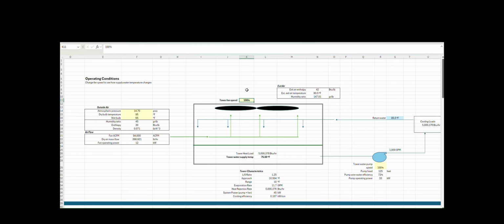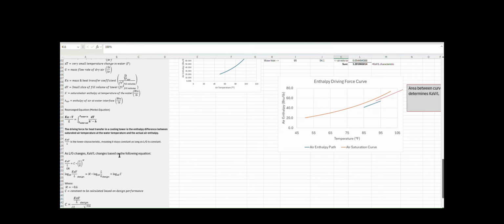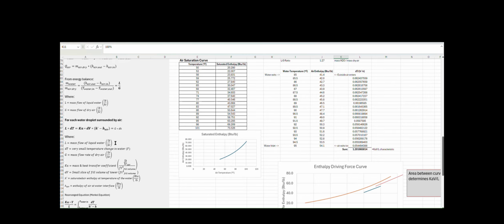I guess before we just change it and see the result, let's kind of predict what's going to happen. Looking at the equations, by dropping the fan speed, this G will go down, and so our L over G ratio goes up.